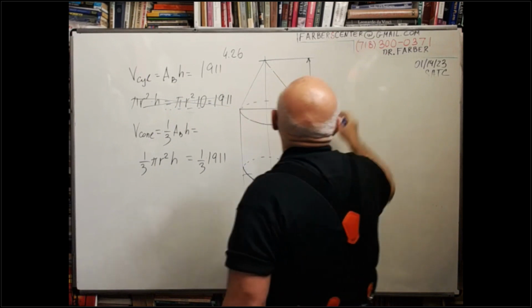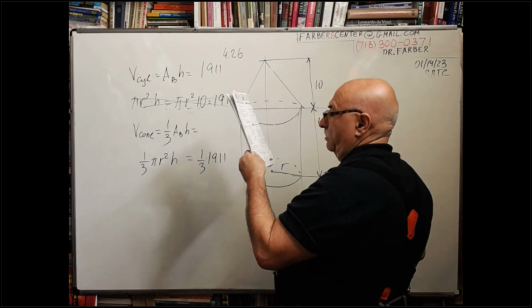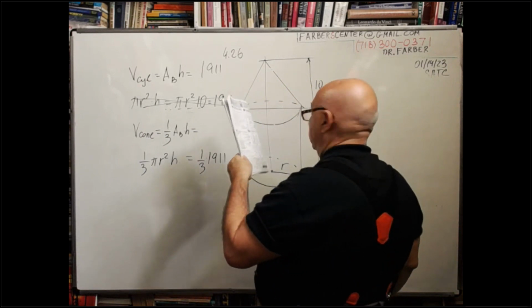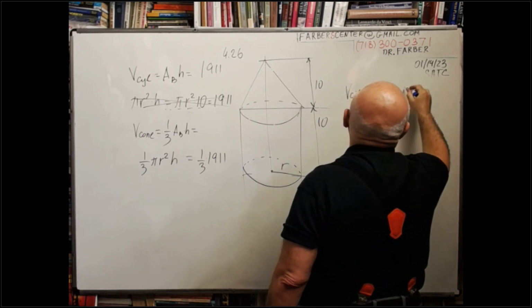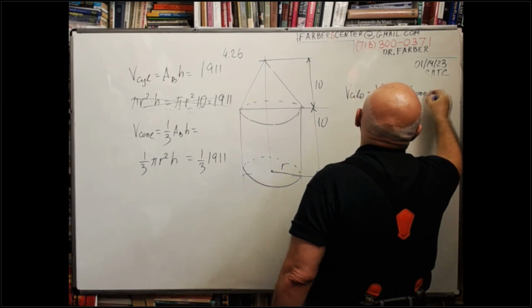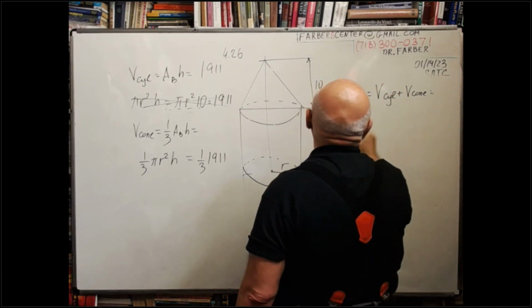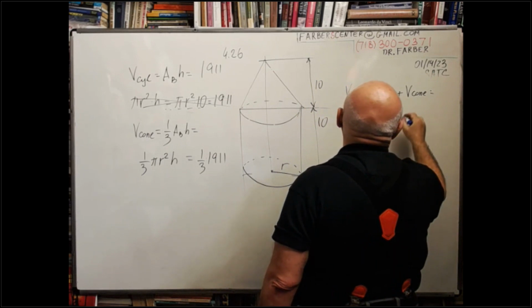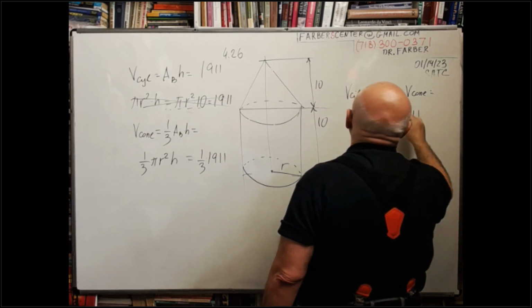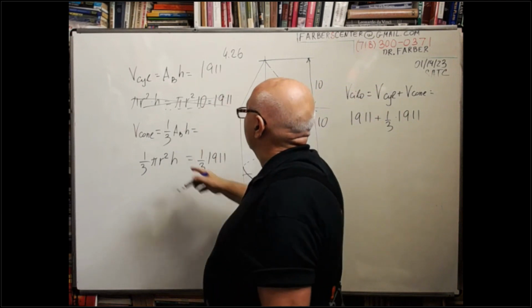And now the volume of the silo equals volume of cylinder plus volume of cone, which is 1911 plus 1/3 of 1911. Probably you're supposed to write it down to prove that this is the same, only divided by 3.